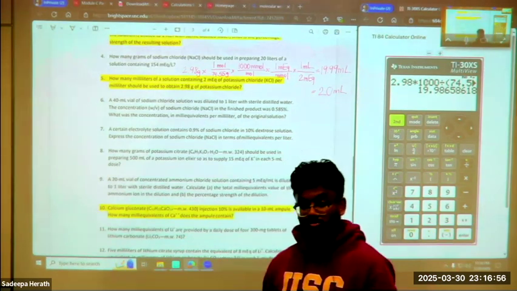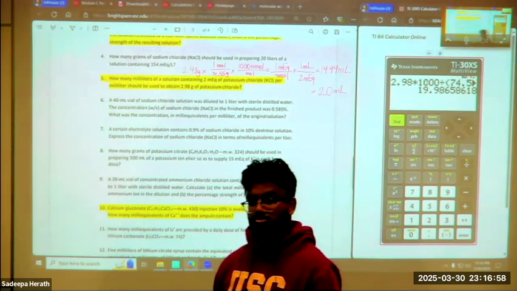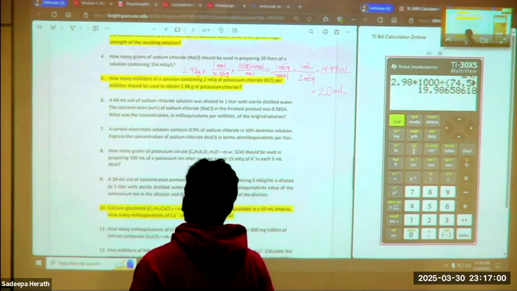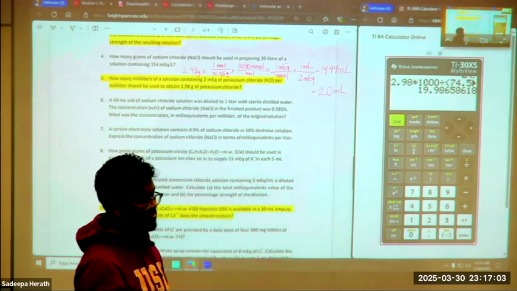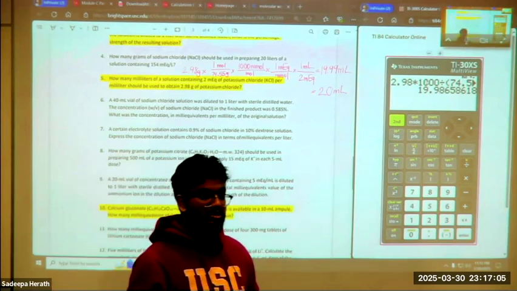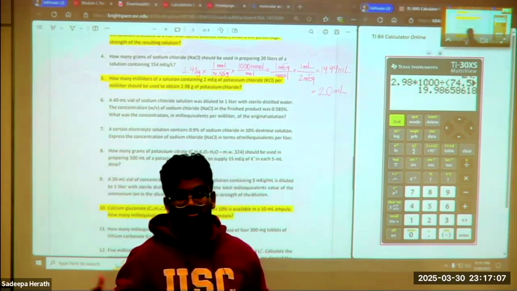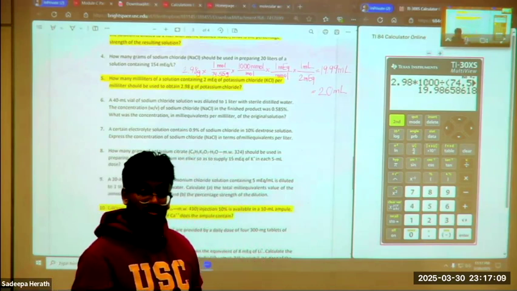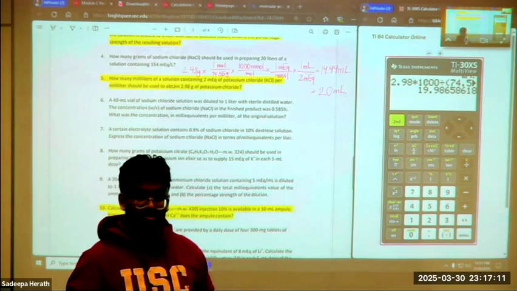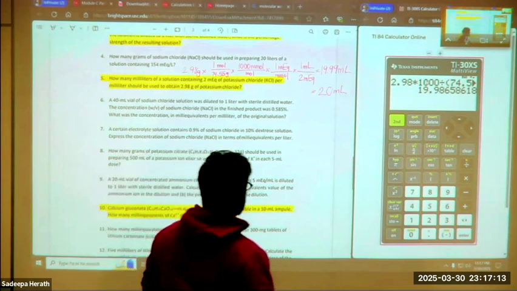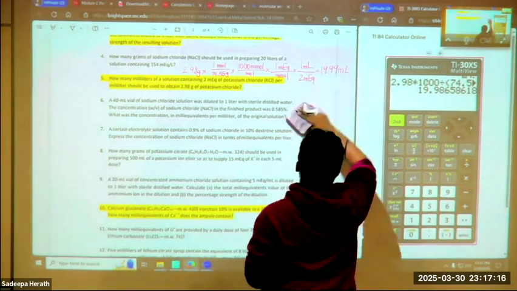What's the path? Your first step is to say, how am I supposed to reach moles? And then you can say, from there I'll be able to calculate grams, or from moles I'll be able to calculate milliequivalents. So, plan of attack.